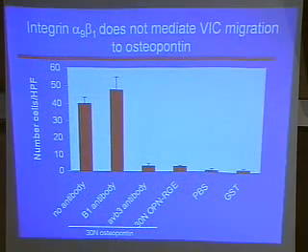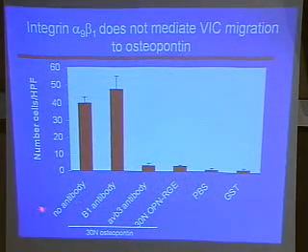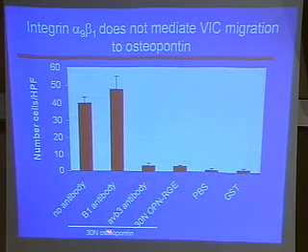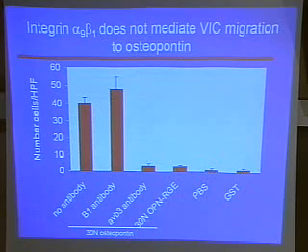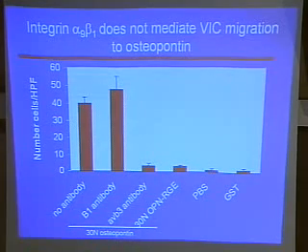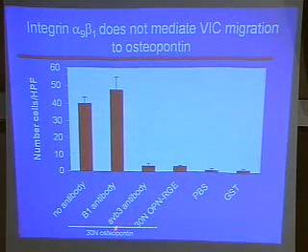So in this adhesion assay, we pre-incubated cells either with no antibody, a beta-1 antibody, or an alpha-V beta-3 antibody, and plated the cells either on 30N osteopontin, 30N RGE, or PBS or GST controls. And so when we look at the migration to the 30N osteopontin, you see in the presence of no antibody, the cells were able to migrate to the 30N fragment.